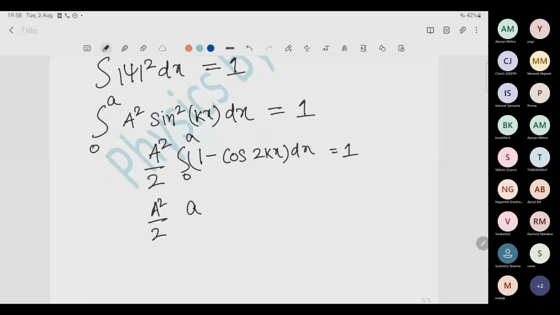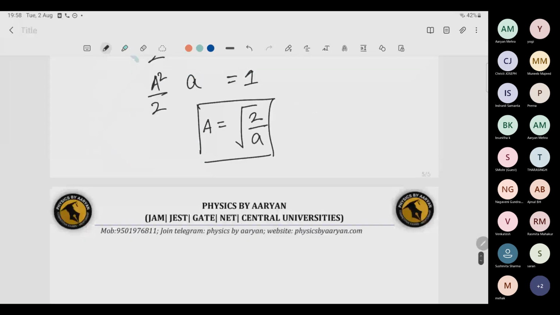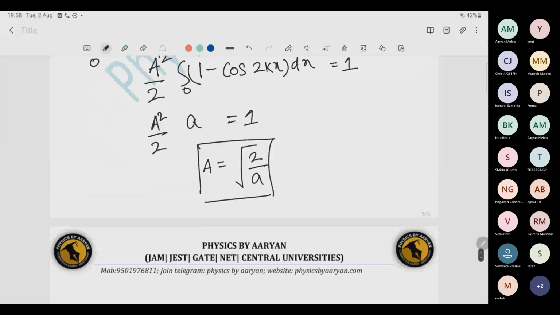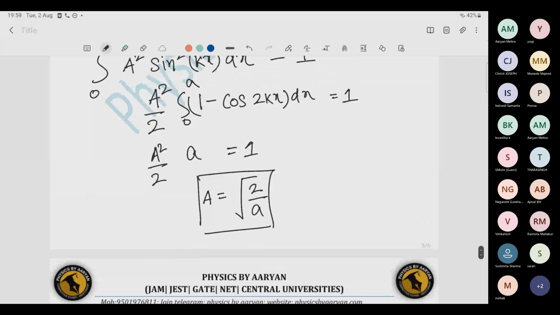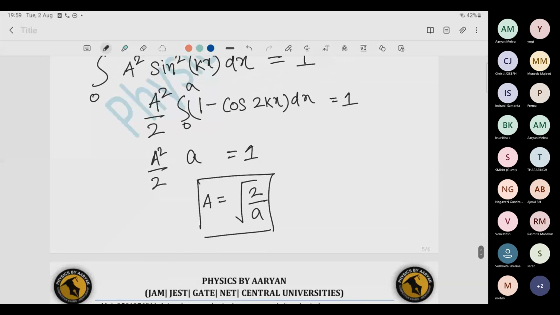A, and this will give me the 0 value, equals 1. So your A will be under root 2 by a. How many of you got this? In this calculation, how many of you understood? How many of you did not understand what has been done here?